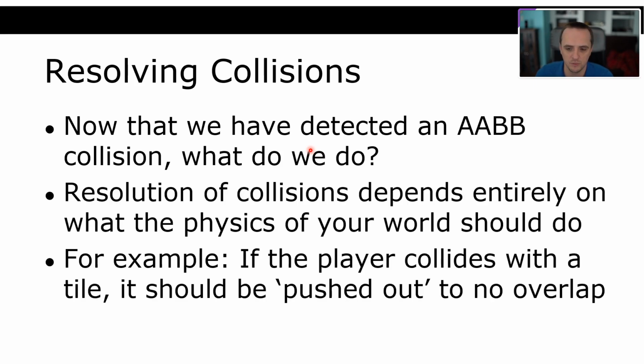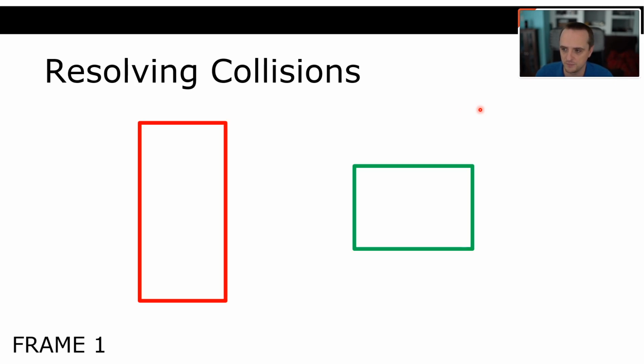Okay, so let's take the example where a player collides with a tile. In this example, this is a tile. So this is maybe a pipe in Mario, or a brick or something like that. It's some part of the world geometry that when the player runs up against it, we want it to not enter it, right?